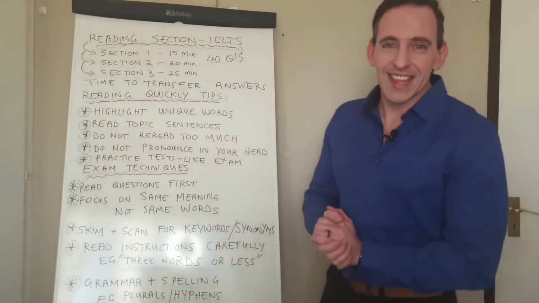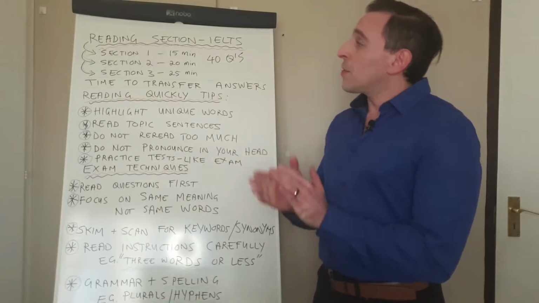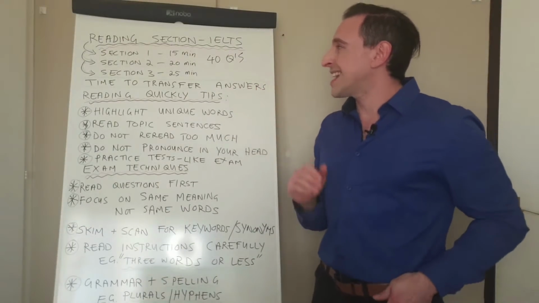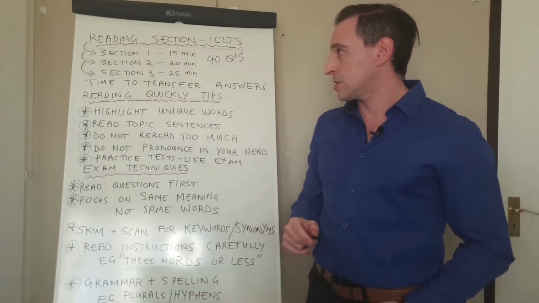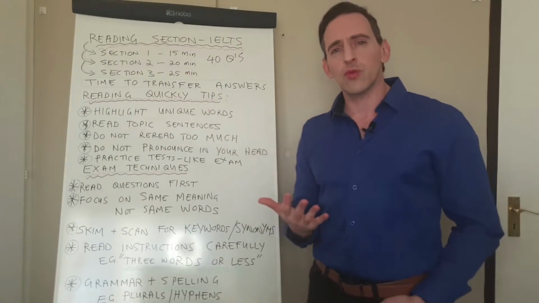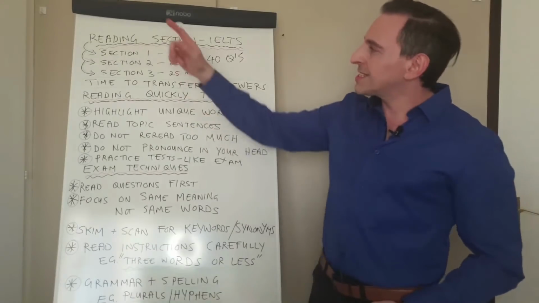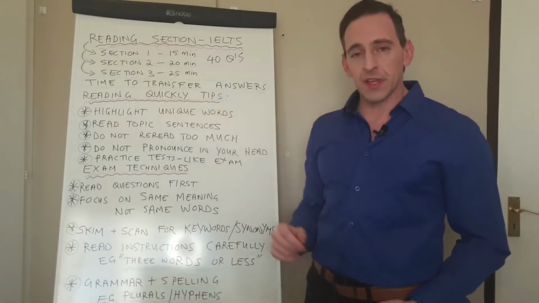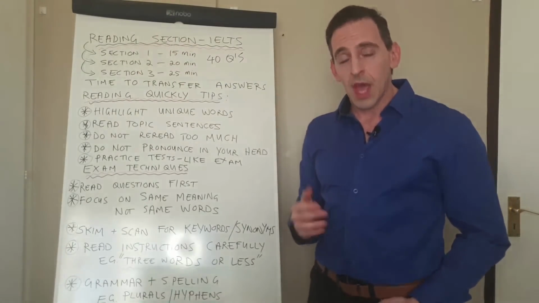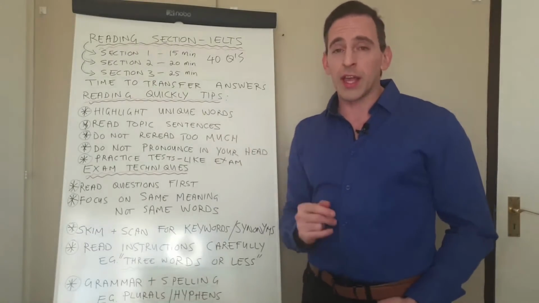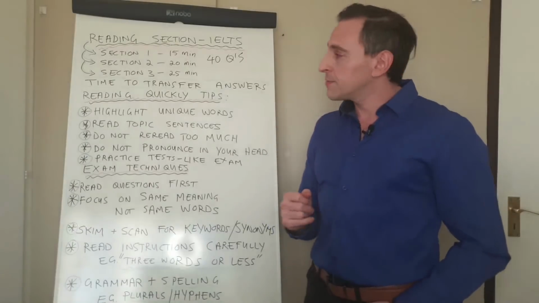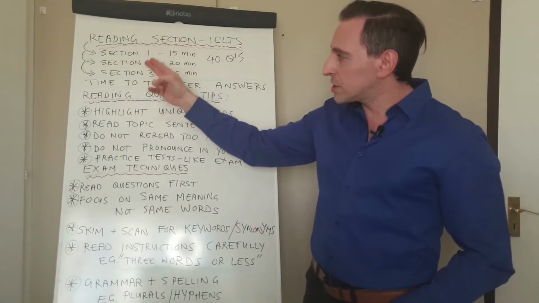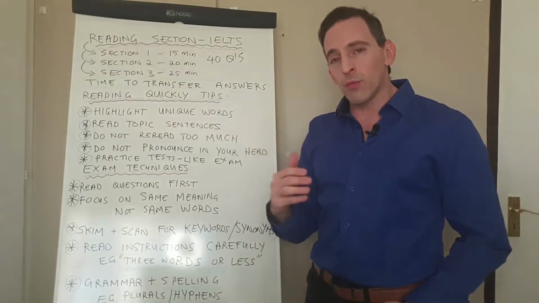So let us start. Now, firstly, the reading section itself is composed of 3 different sections. And as a general rule, the sections get more and more difficult as you read. Now, you may be doing a general IELTS or an academic IELTS. The same thing applies. As you go through the sections, they are going to get more and more difficult.